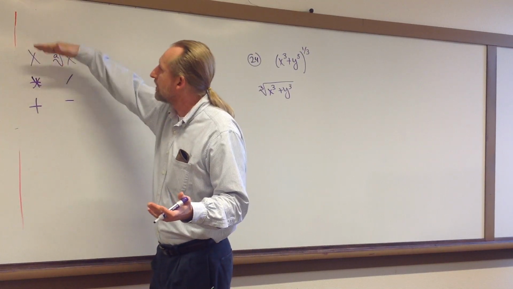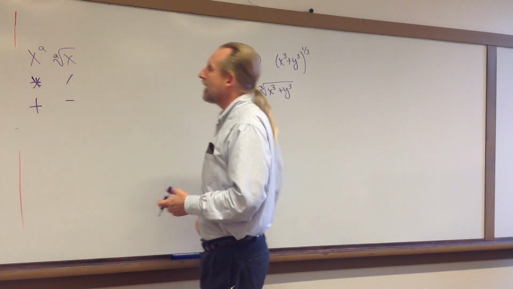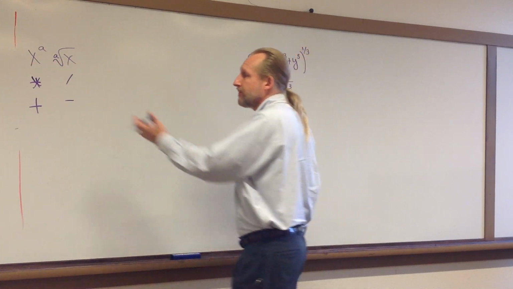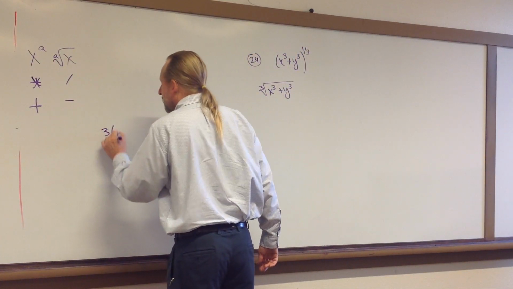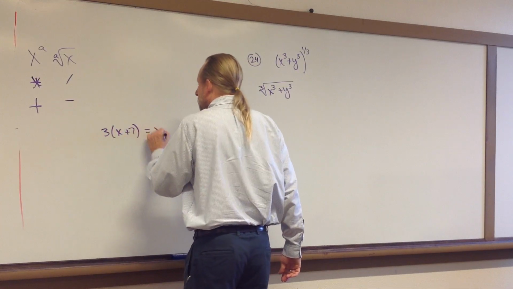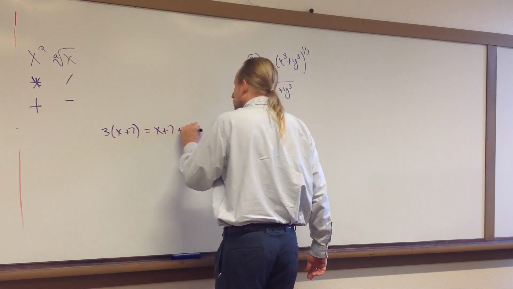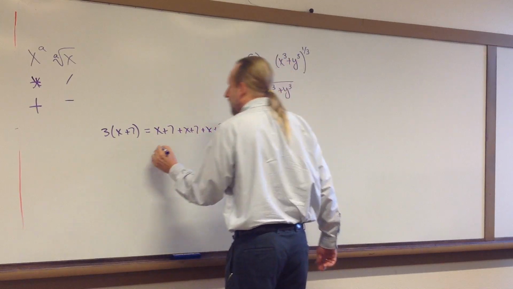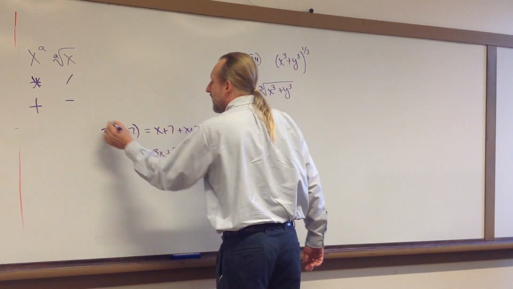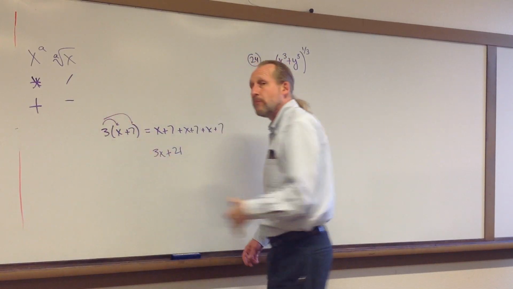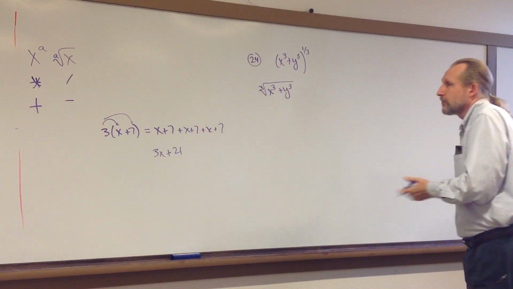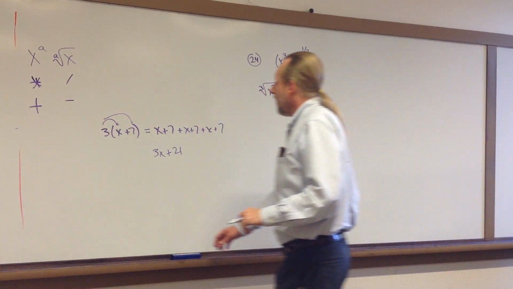Repeated multiplication, you can think of that as giving you exponents. And as a result of that, if you have 3 times x plus 7, then that's x plus 7 plus x plus 7 plus x plus 7. And that's 3x plus 21. And that allows you to distribute multiplication across addition or subtraction.